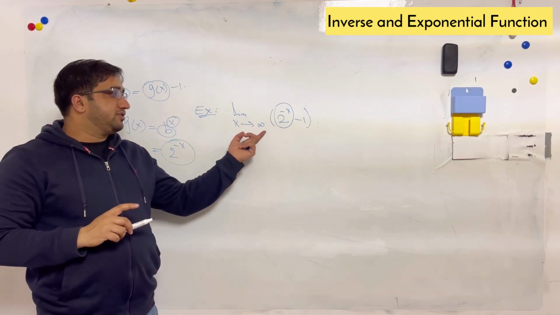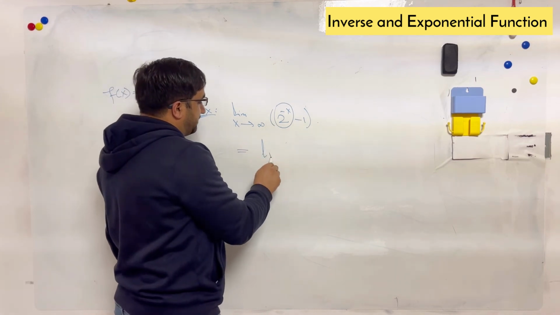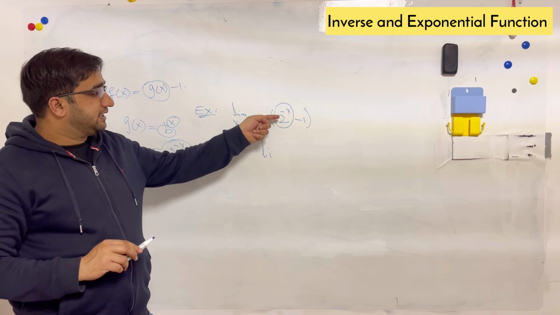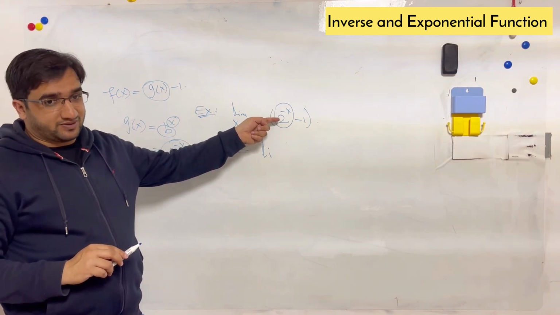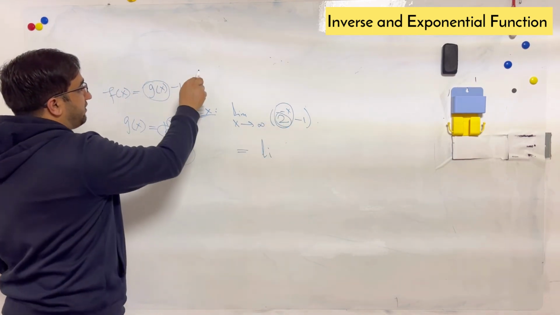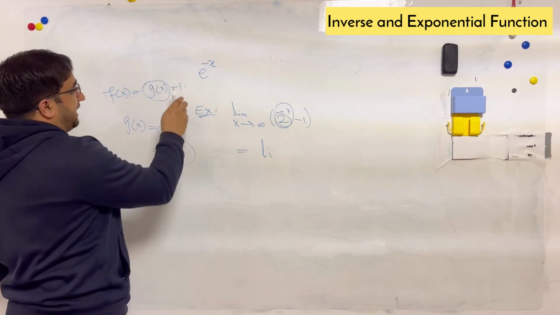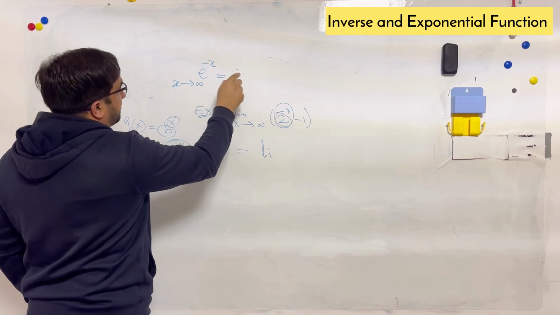So now if you want to apply this limit, you already know directly, because you already know that when you put negative infinity into the exponential function, it gives you 0. In place of 2, if you have e raised to the power minus x and x is approaching infinity, then the answer is always 0.